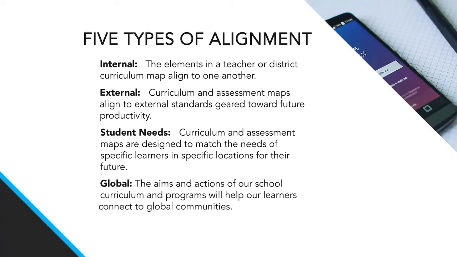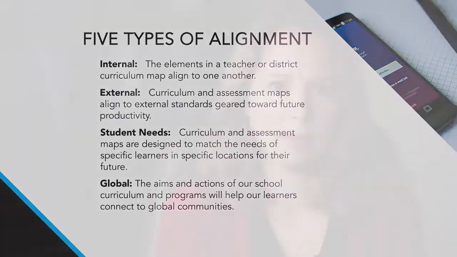Another kind of alignment, the 4th, is what we call global alignment. Now, this doesn't mean I'm just aligning to global topics. This is more about global literacy, which we would talk about when we get into the contemporary literacies. But global alignment is where I say, what about my curriculum could I connect to a global mindset?